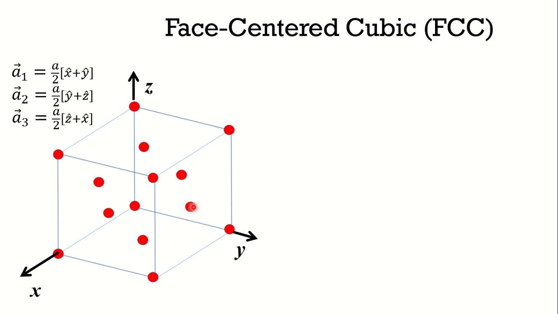So half of each face centered lattice point corresponds to this cell. And how many face centered points are there? There are 6 face centered points. So 6 into half is equal to 3, 3 plus 1. So 4 lattice points per unit cell in a face centered cubic structure.